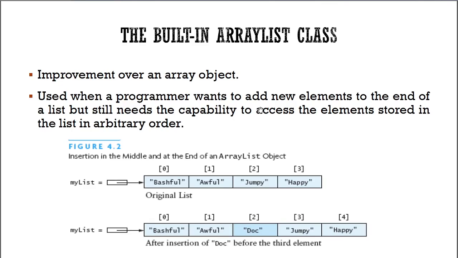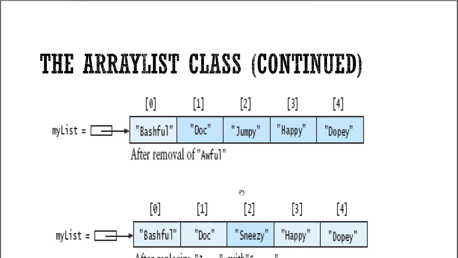From the previous, let's say I'm going to remove awful, which is at index 1. So what happens? The ArrayList will rearrange the content of the elements to fill in the empty position.